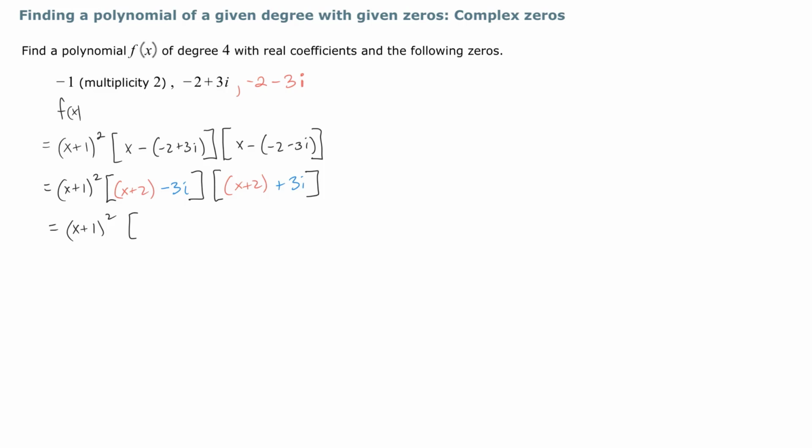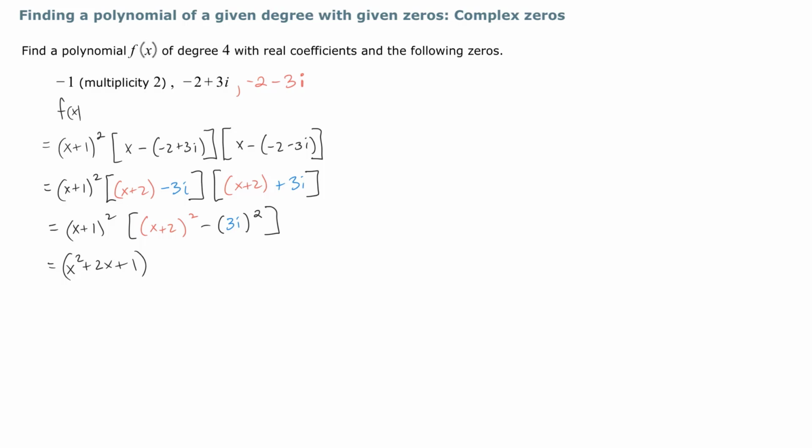This is simply x plus 2 quantity squared minus 3i quantity squared. And you have to remember that i squared is negative 1. Now we're going to do a lot of multiplying. This is equal to x squared plus 2x plus 1 in parentheses.